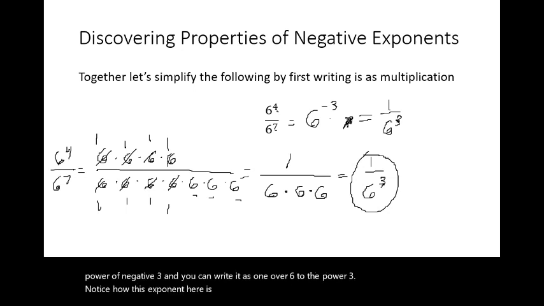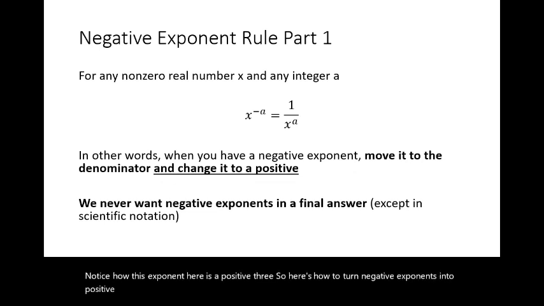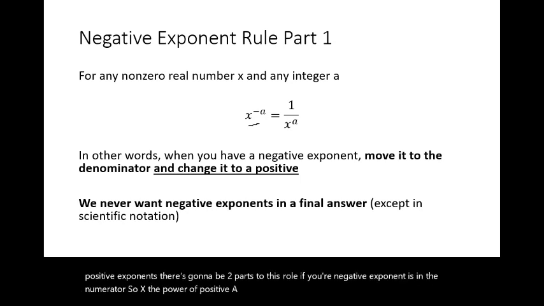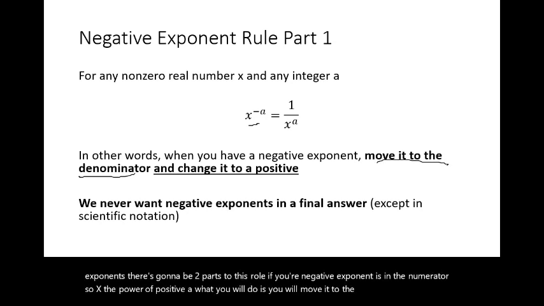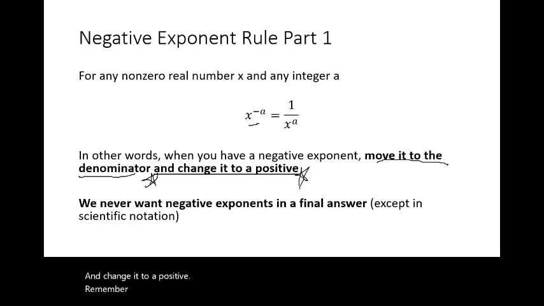So here's how to turn negative exponents into positive exponents. There's going to be two parts to this rule. If your negative exponent is in the numerator, so x to the power of negative a, what you will do is you will move it to the denominator and change it to a positive. Remember, the whole point of moving this exponent is to change it to a positive, so don't forget to do that.